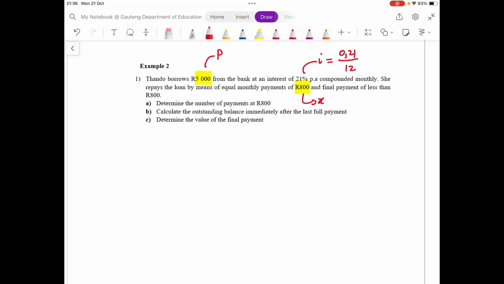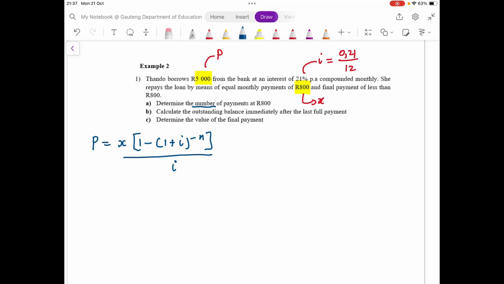Now, we are required to find the number of payments. How many payments? That is N. We are looking for N. Okay, now we write our formula. P is equal to X into 1 minus 1 plus I to the exponent negative N, all divided by I.